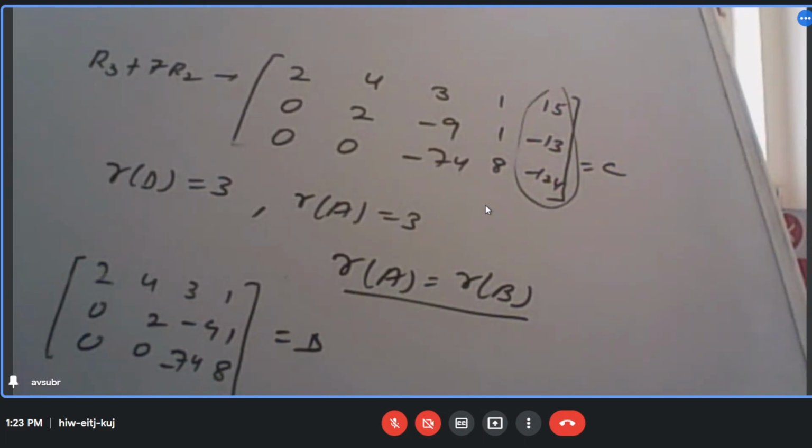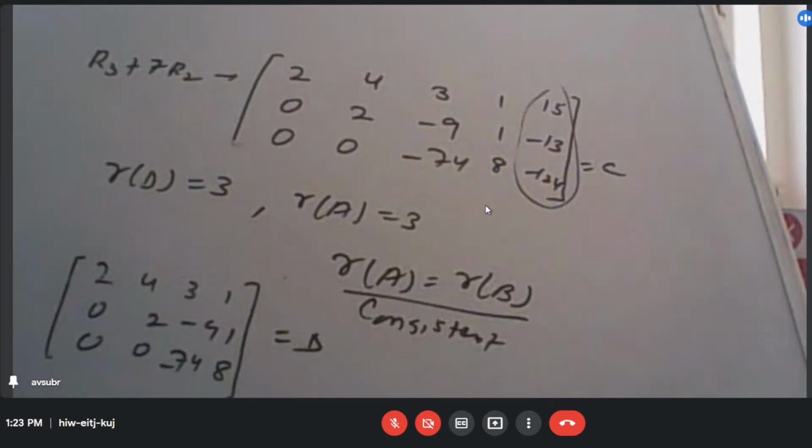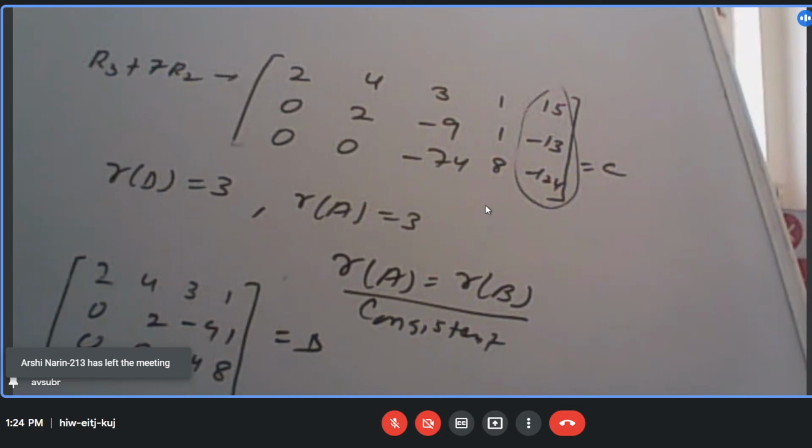So it means the system should be consistent. If it is consistent, it means it has at least one solution. It may have more than one solution, right?